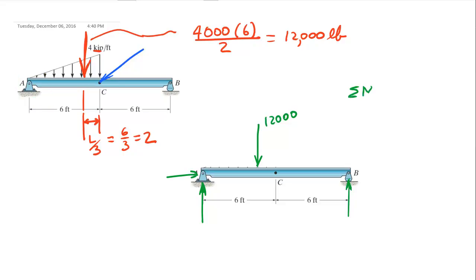So what we'll do is sum the moments about B, make it plus in that way.